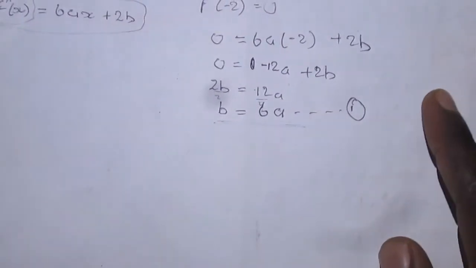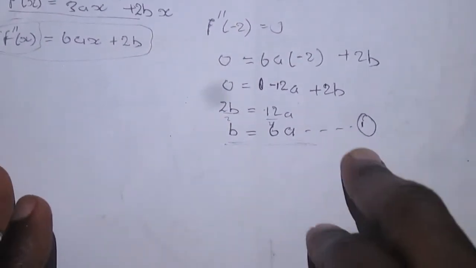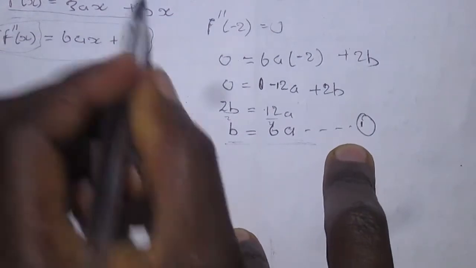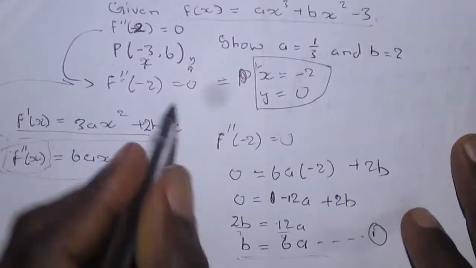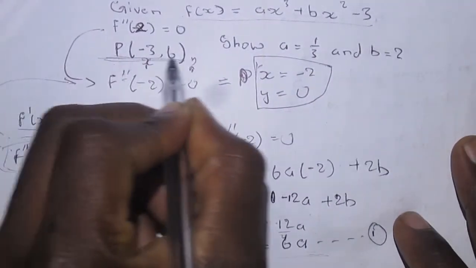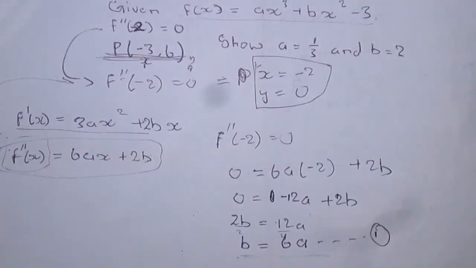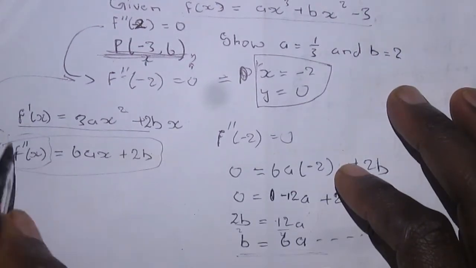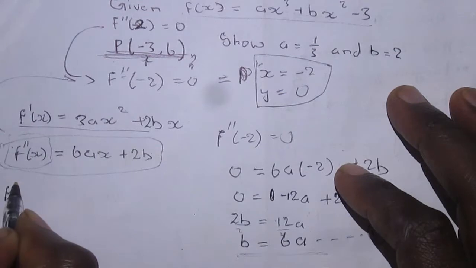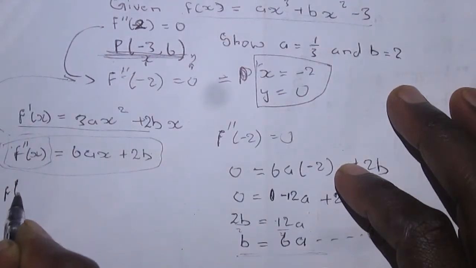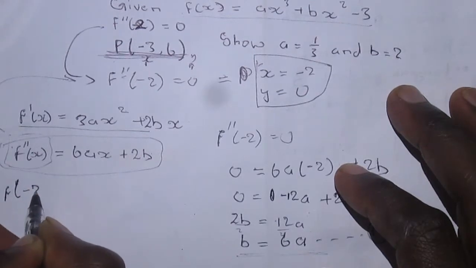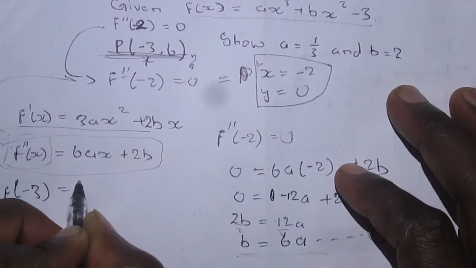Now this is where the point comes in. I have a point, so I go into my original formula and say f of negative 3 is equal to 6.